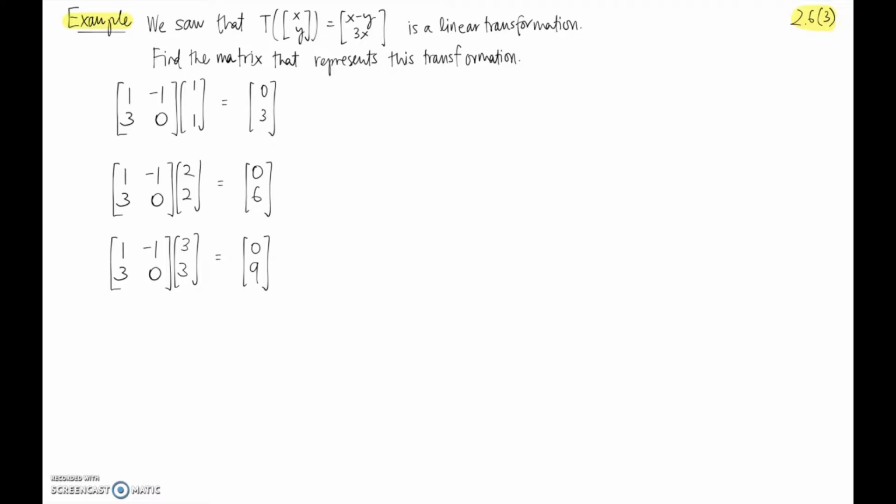These are kind of funny vectors to test it with because the x and y are the same, but if we were to try really any two-dimensional vector, this matrix would represent that transformation. So this was the matrix that we were looking for. I want to think for a minute, where does this transformation take the standard basis of R2?